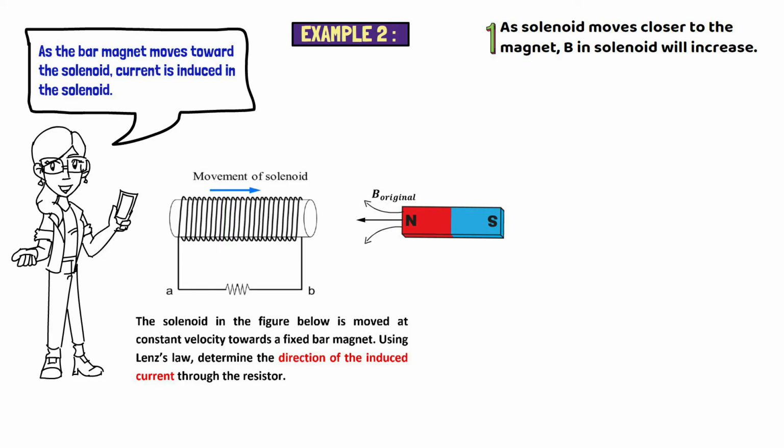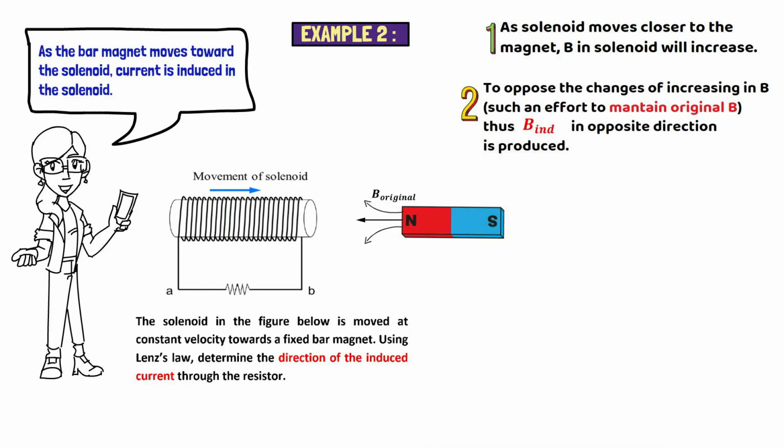Okay, so sekarang point yang kedua untuk kita tentukan direction of the induced current through the resistor. Okay, we must know that to oppose the change of increasing in B, kan tadi kita kata bila solenoid datang dekat dengan magnetic bar, so apa yang berlaku, B akan increase.